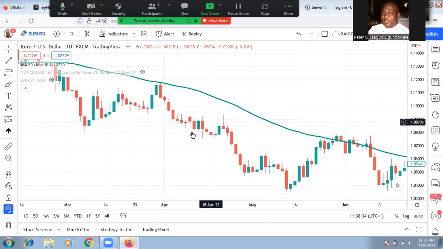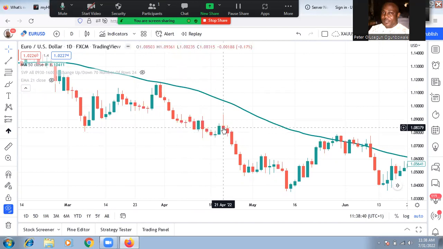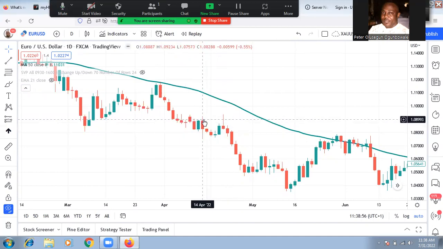After the correction, you have to see the first rejection of the candle in the color that is going to come down. So this is a very good price action for a downside here. This one is not even suggestive. This is a very good price action here.